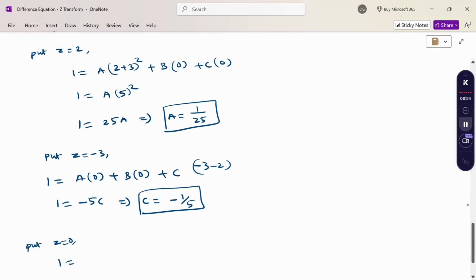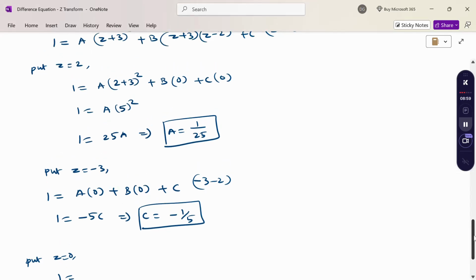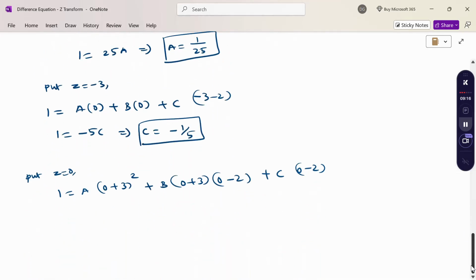So left-hand side 1, therefore a(0+3)² + b(0+3)(0-2) + c(0-2). Therefore 1 = 9a - 6b - 2c.